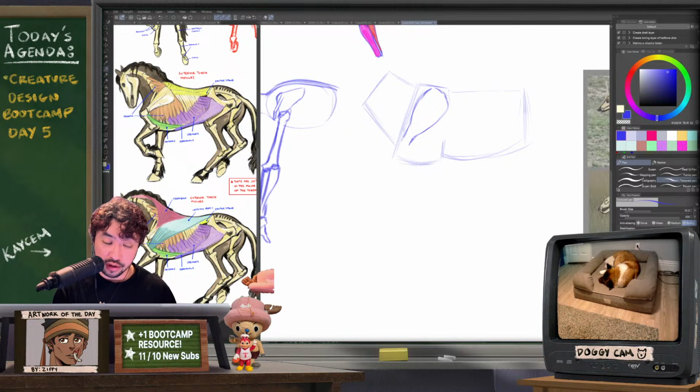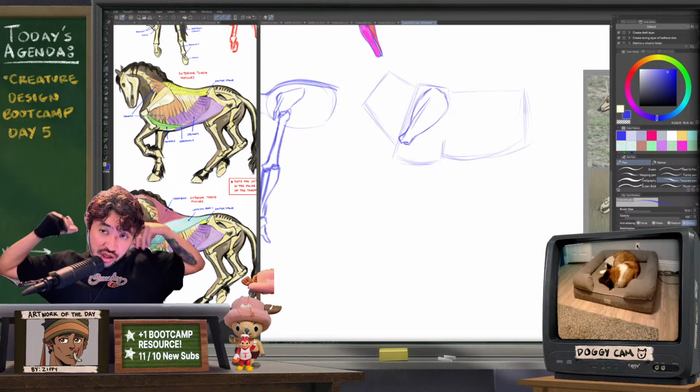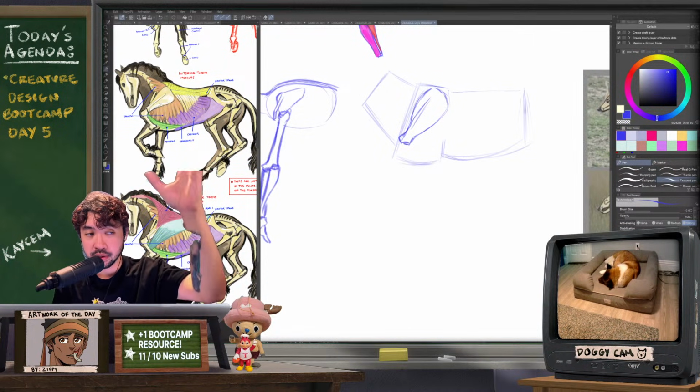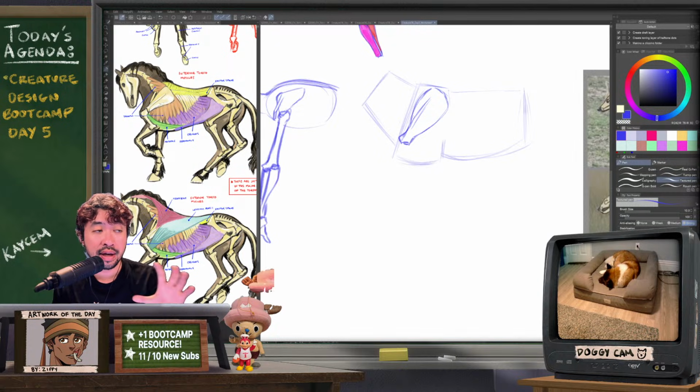The first one is that because the horse is quadrupedal, it's mostly walking on all fours. So instead of having the animal reach up and do things like climbing, it doesn't need to do that, or really can't do that.